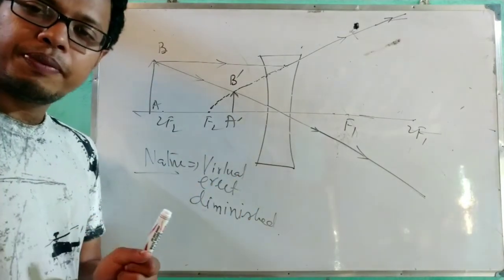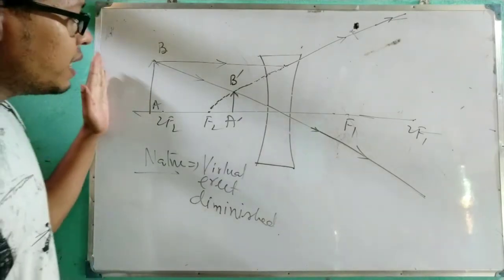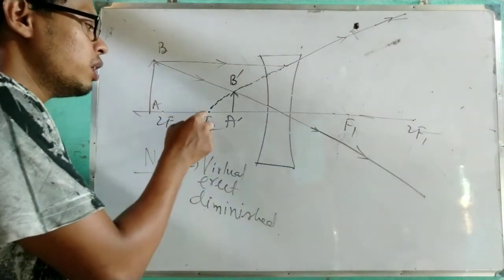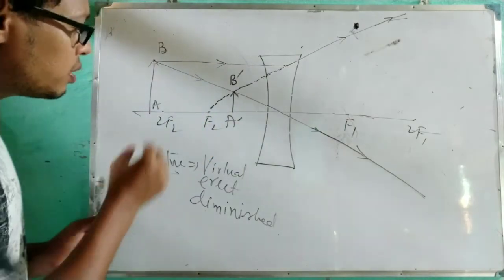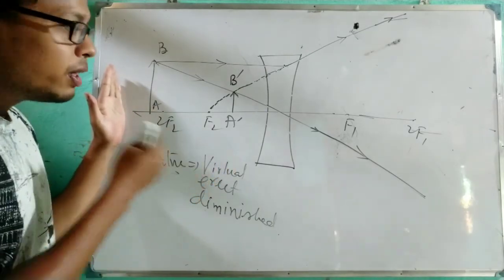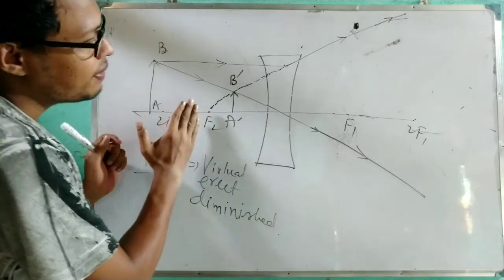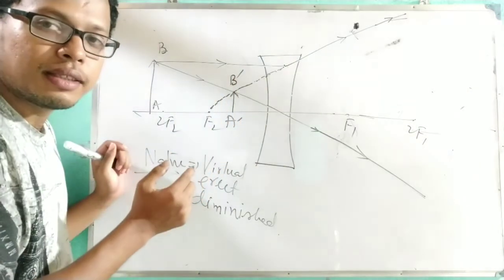Okay. Now the conclusion we can draw: when the object is placed at infinity, the image is formed at the focus and the size will be diminished, meaning smaller, and when the object shifts towards the lens, the image also shifts towards the optical center and the size gradually increases. Okay.